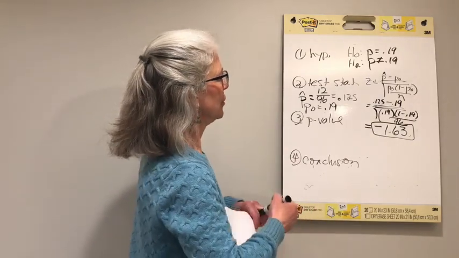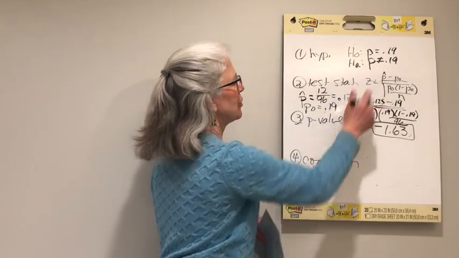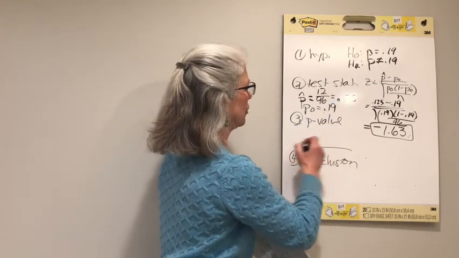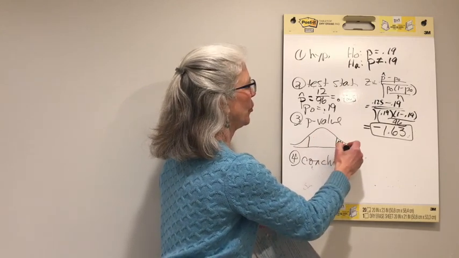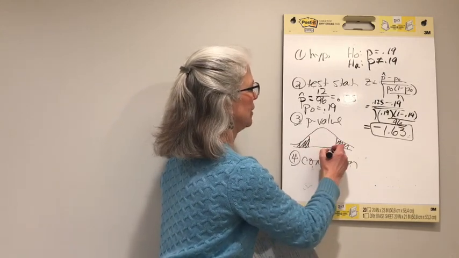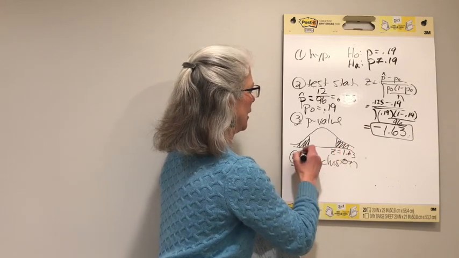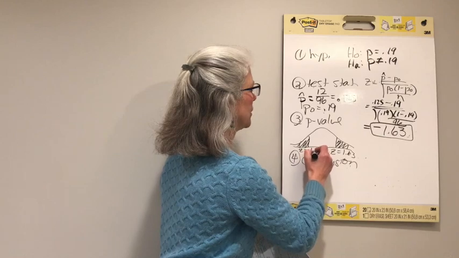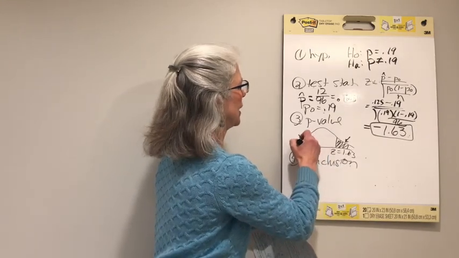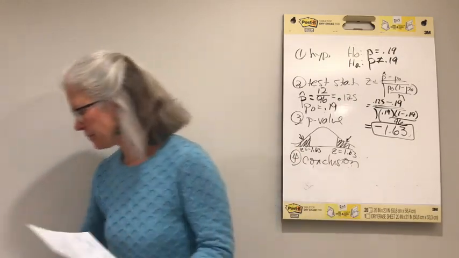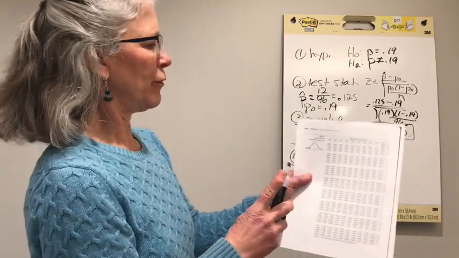So for the p-value, our alternate is not equal to. That's two-sided. So we're going to go to table Z, and we have to look at both sides. We have to look above z equals 1.63 and below z equals minus 1.63. Well, let's look at the lower one first.